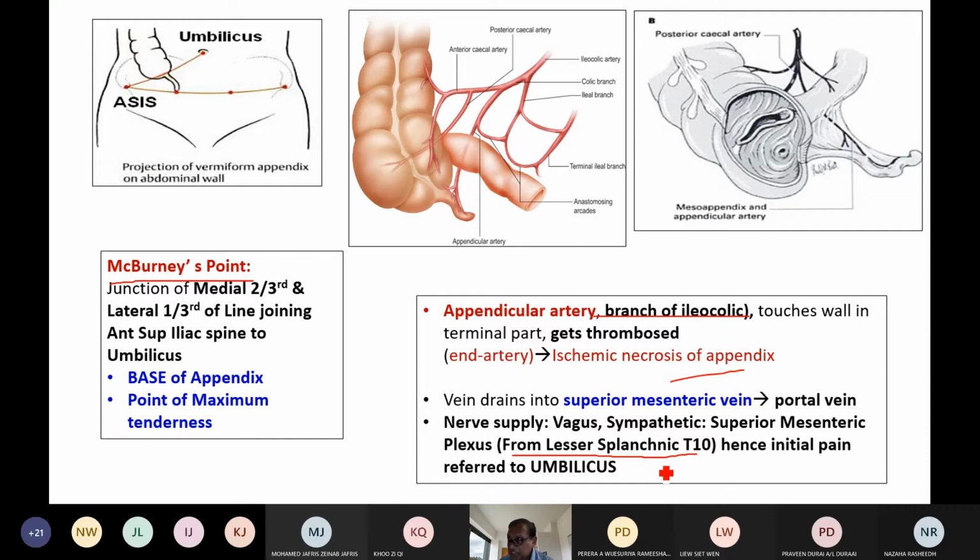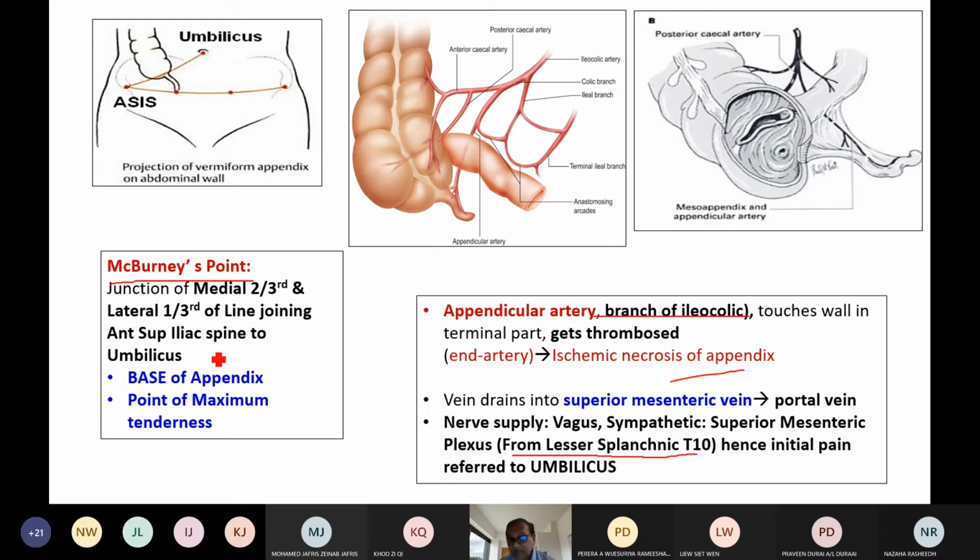So when I have the initial attack of acute appendicitis involving the visceral peritoneum, I will not feel pain at McBurney's point. I will feel pain over the umbilicus. Reason? The pain-carrying fibers are sympathetic fibers, the lesser splanchnic nerve, spinal segment T10. The same nerve also supplies the umbilicus, so we get referred pain over the umbilicus.